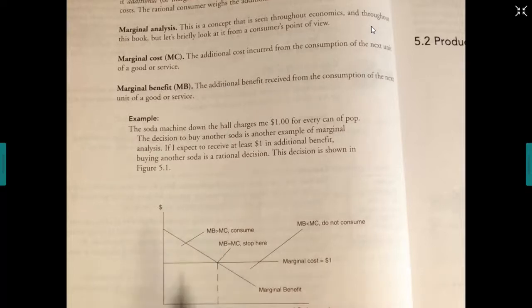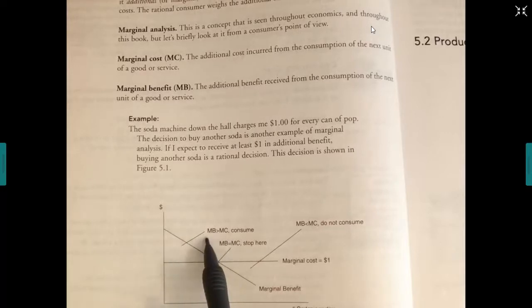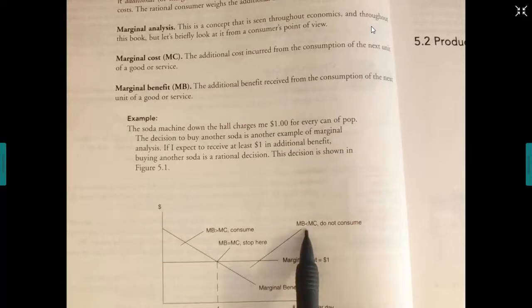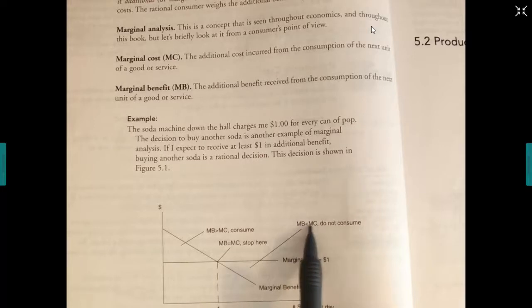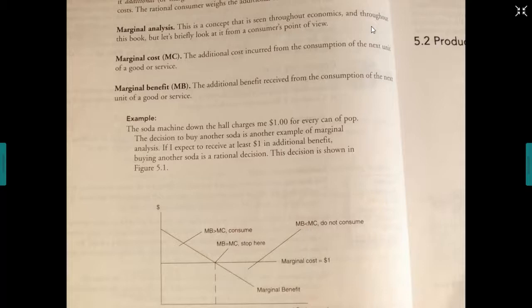If they believe it will, and they do buy it, but then it turns out that in reality it doesn't, then people begin to have something called buyer's remorse. They're upset that they purchased it, and they say, I shouldn't have done that. When the marginal benefit is less than how much it costs to get the item, you don't buy it. That's it. It's as simple as that. That's your marginal analysis.